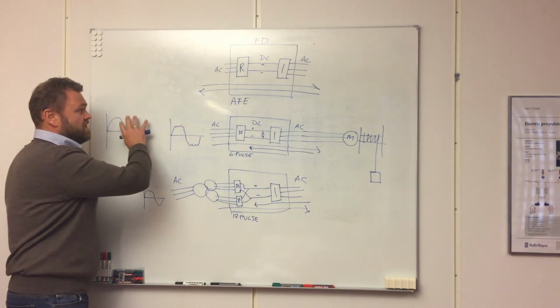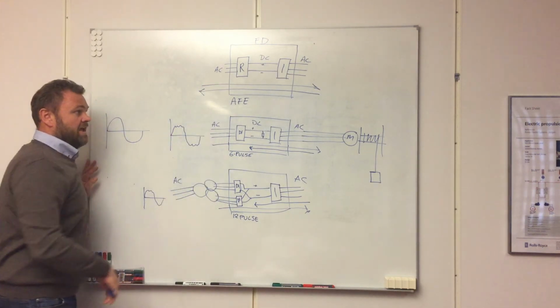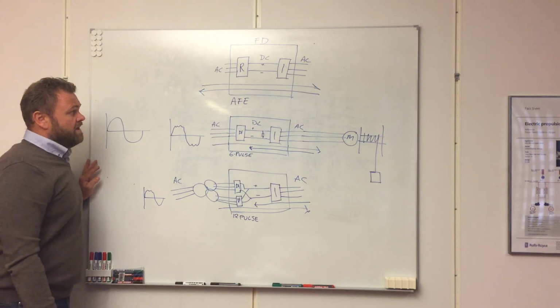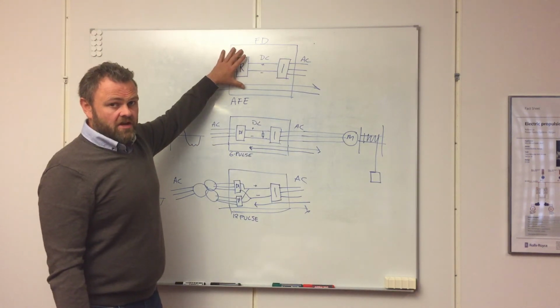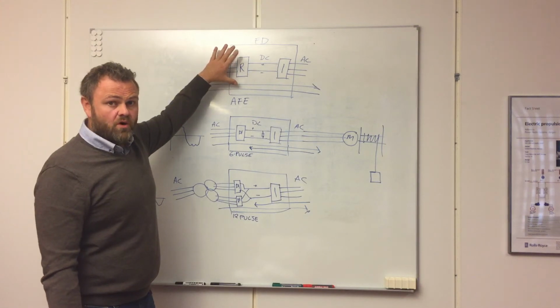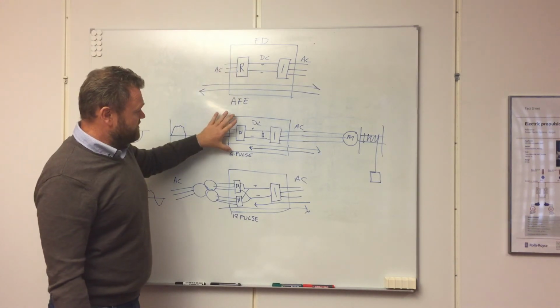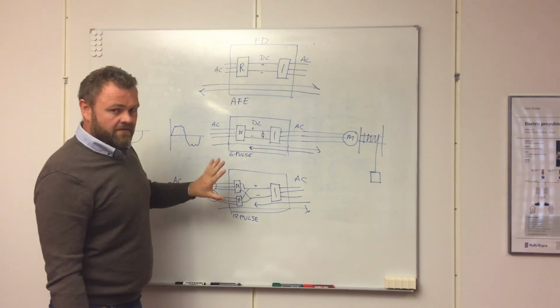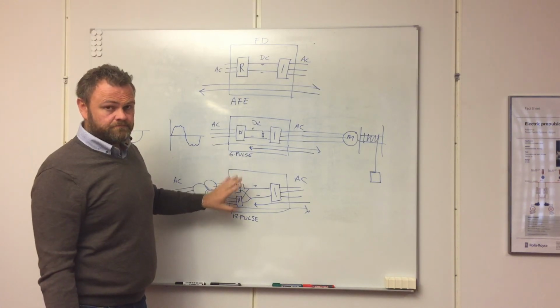We don't need the transformer. We keep the voltage clean with the AFE solution. So the frequency drive itself may be a bit more expensive than this frequency drive and than this frequency drive.